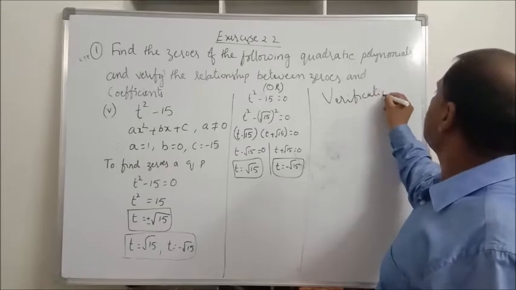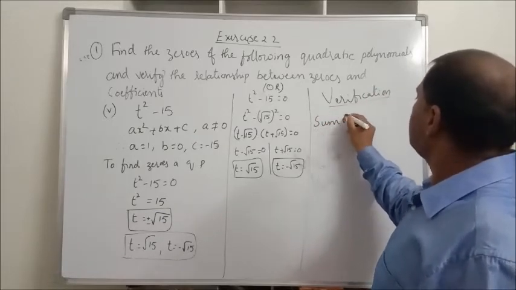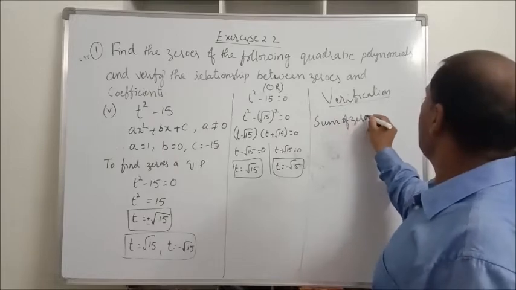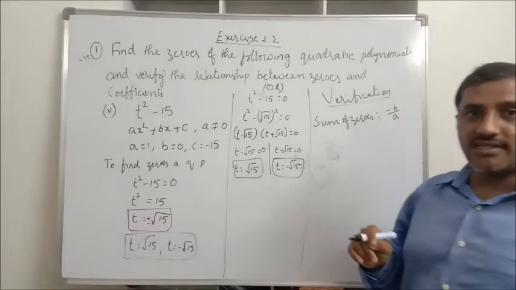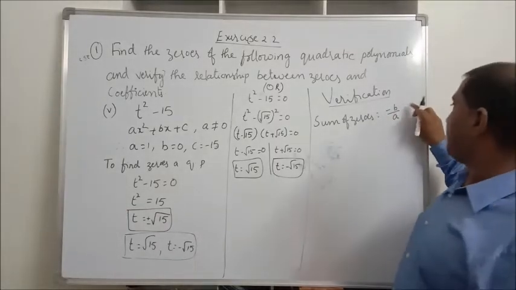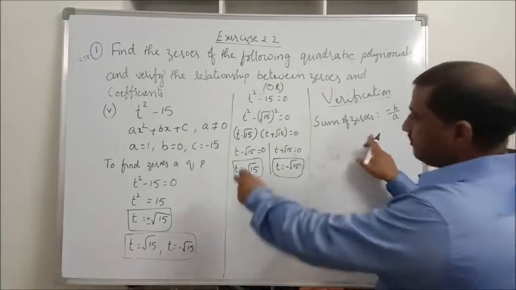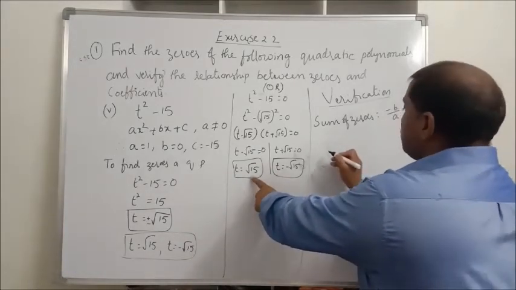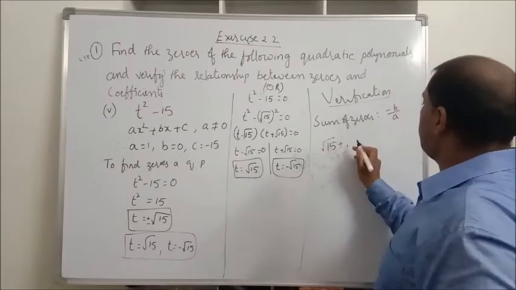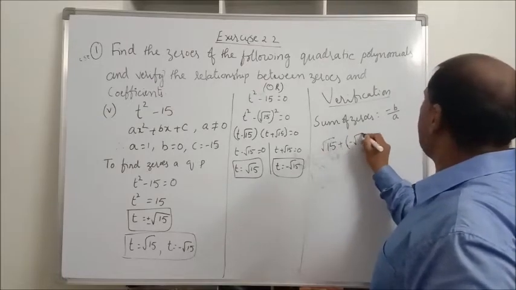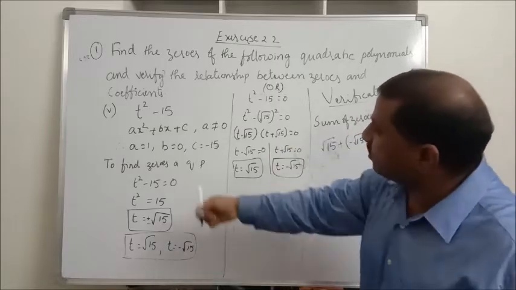So verification. Sum of the zeros is equals to minus b by a, or minus of coefficient of x divided by coefficient of x square. Sum of the zeros, what are the zeros which we got? Root 15 plus minus root 15, that is equals to minus b by a.